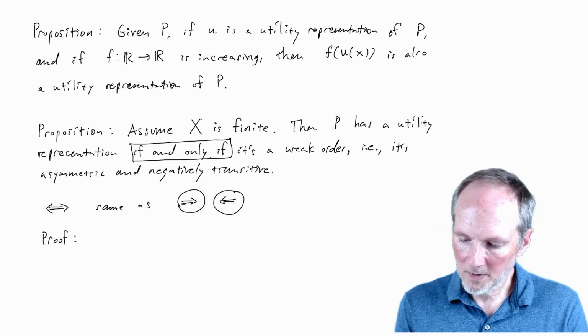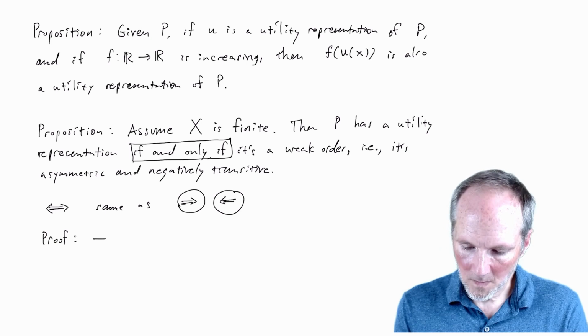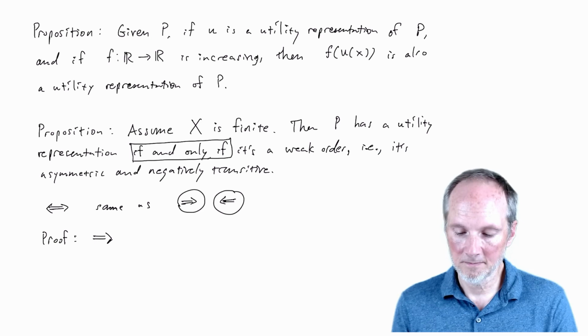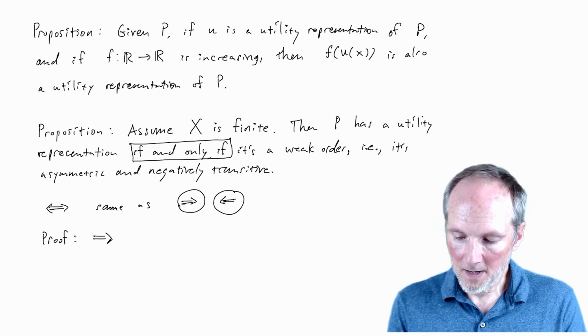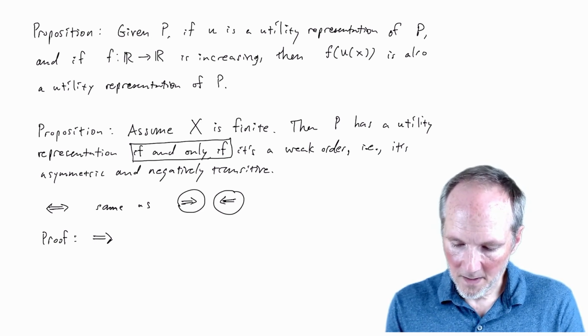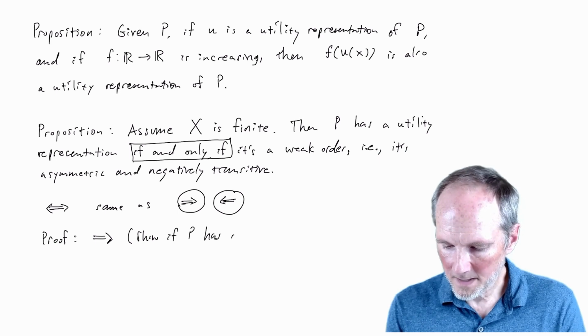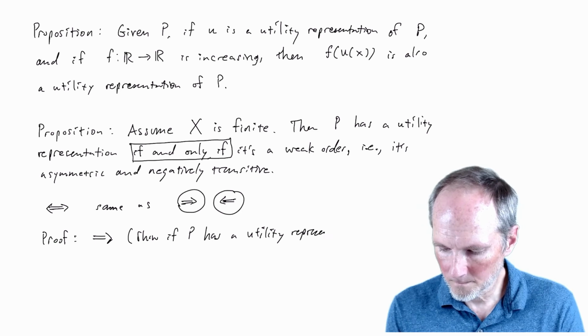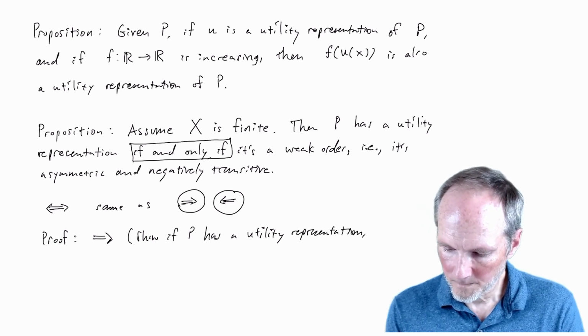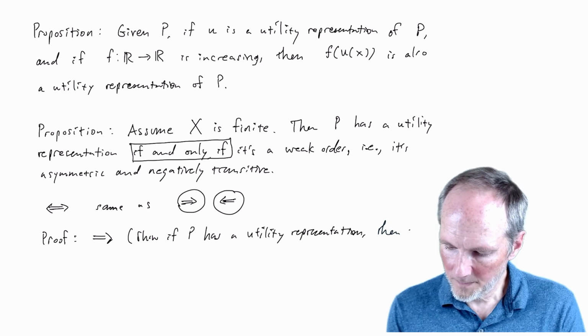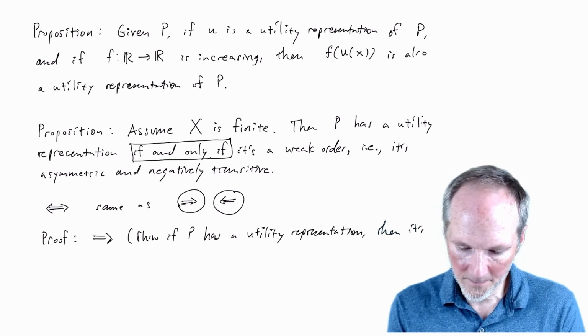So first let's do what I call the left to right direction, okay? That is, I'm going to show that if P has a utility representation then it's a weak order.